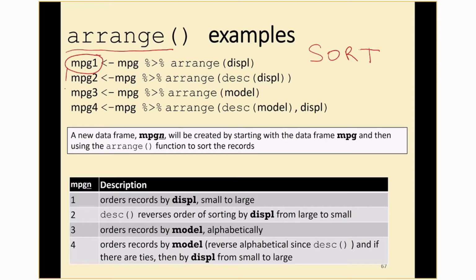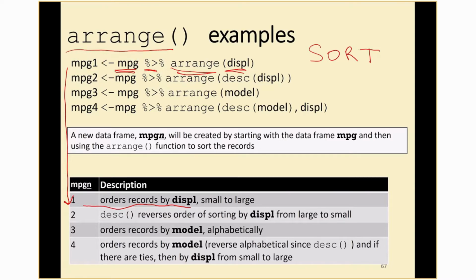Down here in our table, we've got a description of what MPG1 is going to be. In this particular case, we're going to create MPG1 by beginning with MPG. There's our piping operator. Then, because of our piping operator, we're going to sort with the arrange function, and we're going to sort based on the variable displacement.